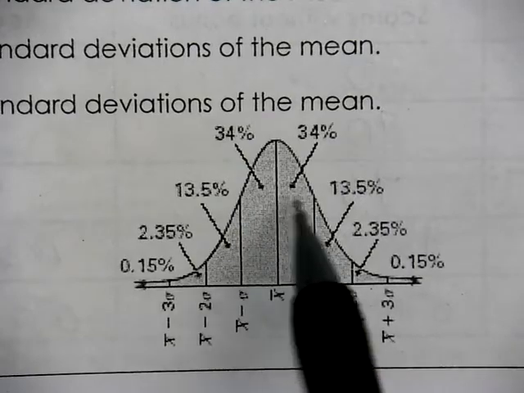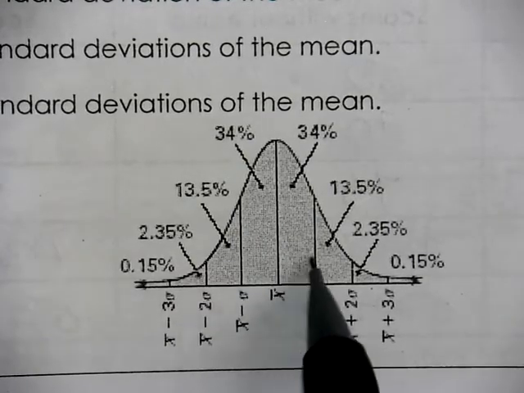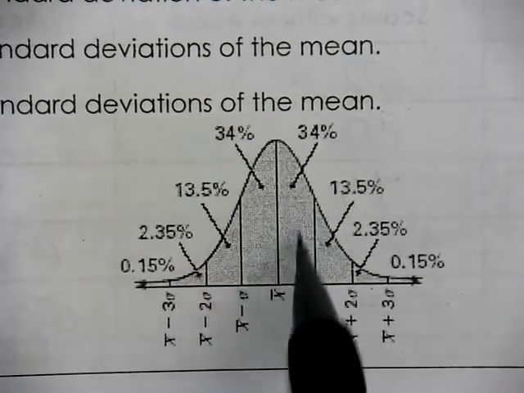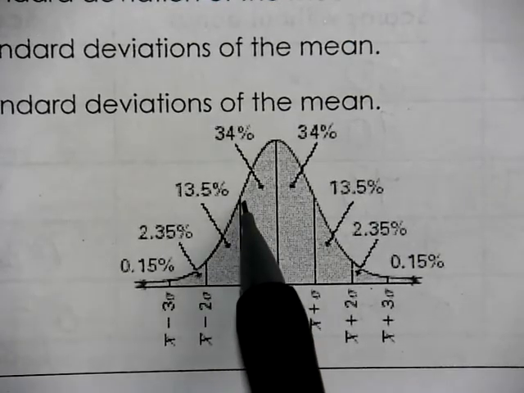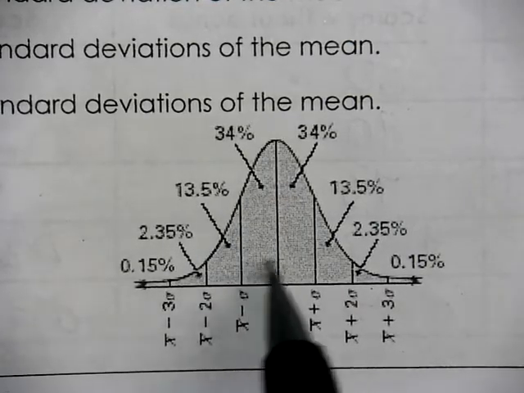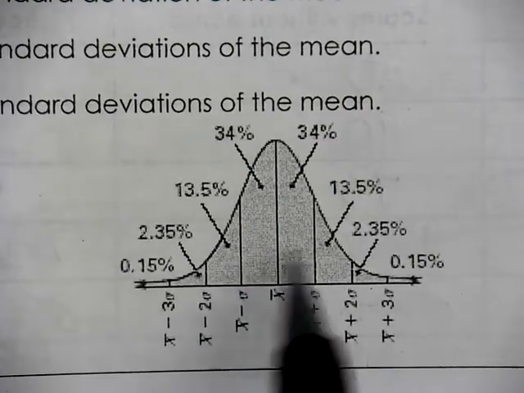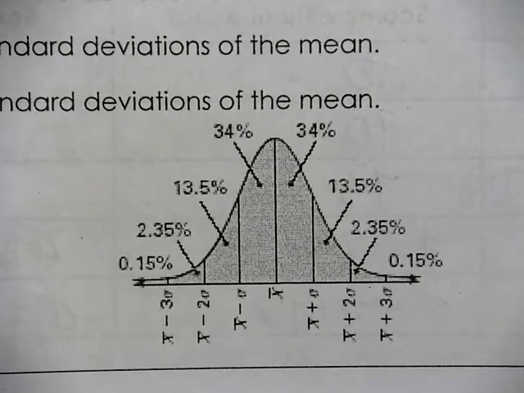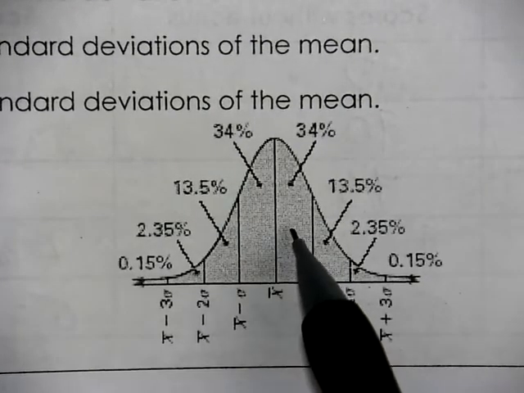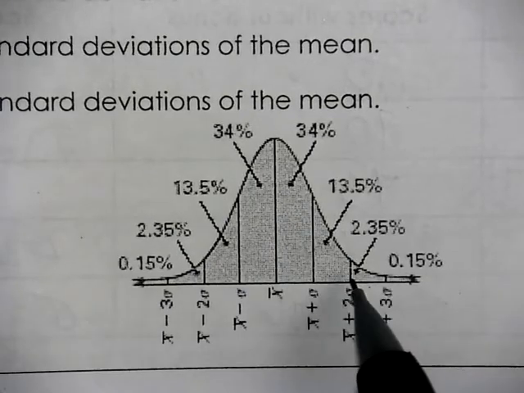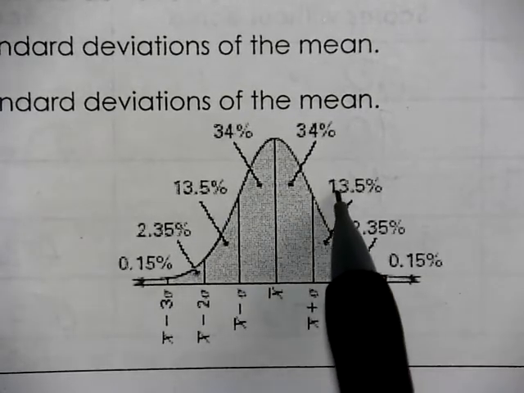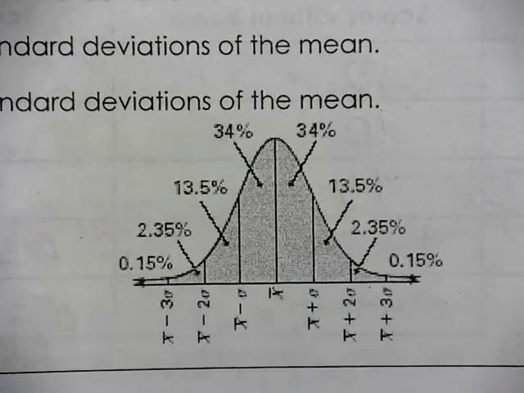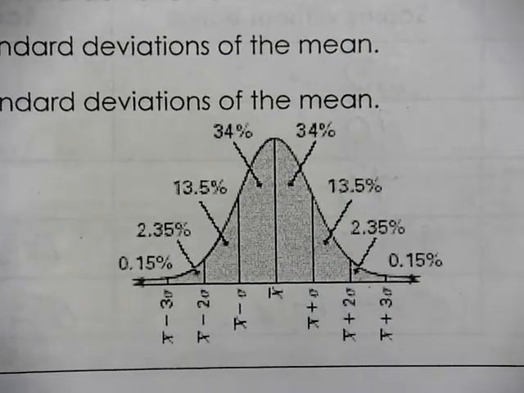So 34% of the data should be within 1 standard deviation above. 34 should be below, so we call that 68 within 1 standard deviation. When those words are used, within 1 standard deviation, that's referring to above and below. And we can do the calculations for each one of these about how this is 13.5, this is 2.35, and this is 0.15.